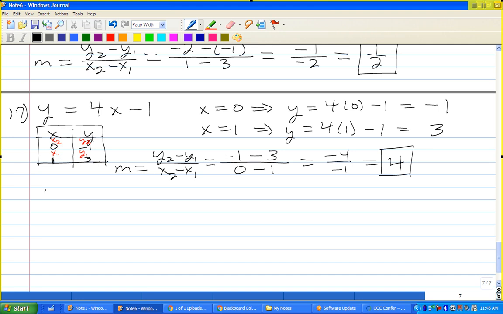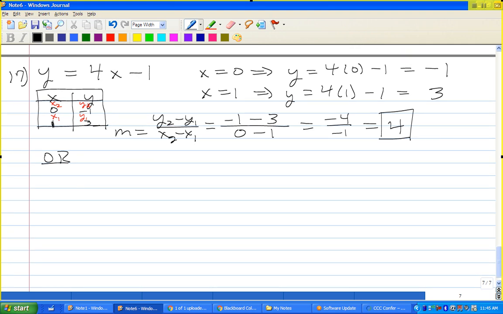Or I could do something else. What I should notice is the following. If the equation of my line is written in the form y equals some constant times x plus another constant, then this constant in front of x is the slope of the line.